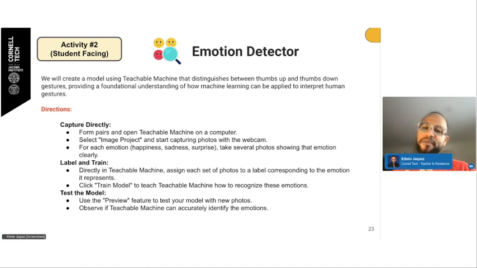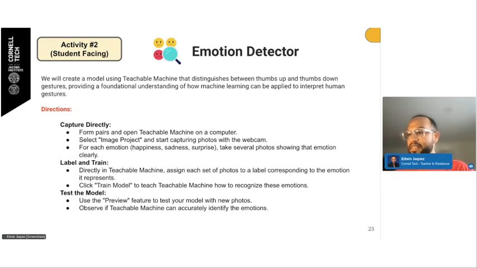So I may provide them with the specific emotions that I want them to program their machine to determine. Otherwise, you're going to get a bunch of different categories like happiness, sadness, depressed, a little happy, right? And so you want to sort of limit that amount just so that everyone's on the same playing field. And then same process, they would label these emotions, they would capture all this data, and then they would train the model, they would preview it, they would continue to refine.